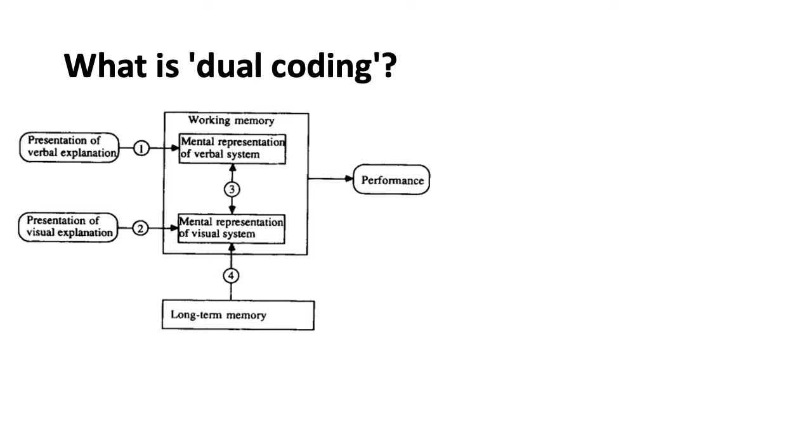So first we present a verbal explanation, and that creates a mental representation inside students' working memory. But if we combine that with a visual explanation as well, then it can create an interaction between the two, which can lead to improved performance. The diagram is from Mayer and Sims, 1994, and is backed up by the research that they did.